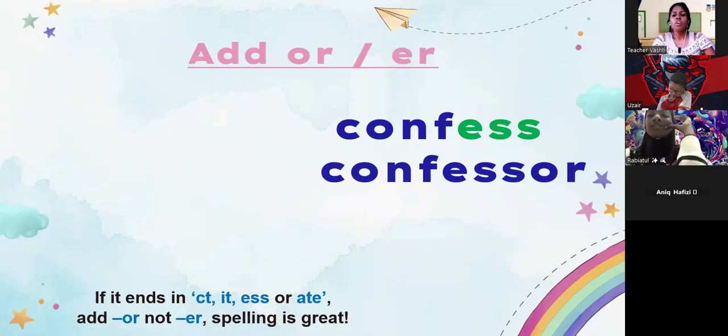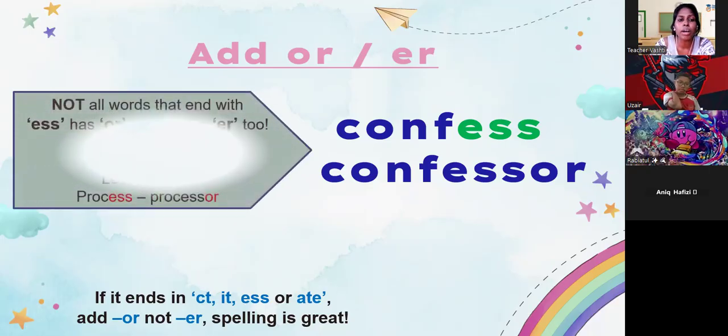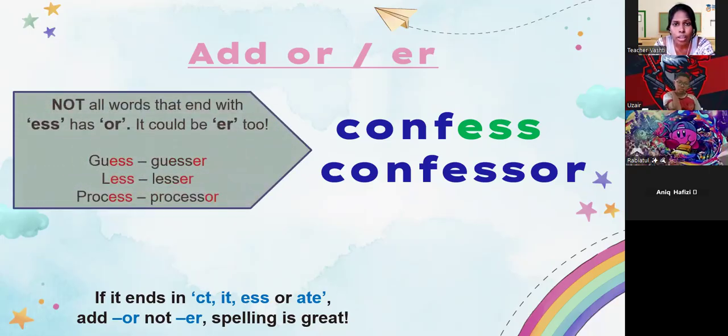Confessor. Now, for most of the word ESS, ada banyak perkataan yang habis dengan ESS, kita tidak boleh tambah OR. Okay? Sometimes, guess, GUESS. ESS habis dengan ES sepatutnya OR. But, it could also be ER. Guesser, lesser.